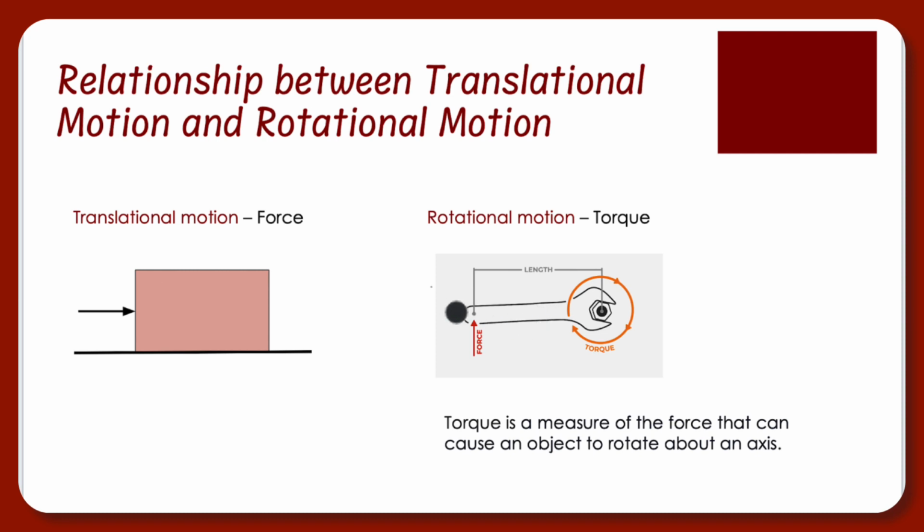But if I go down to the end of the handle and apply the same force at a larger distance away from this pivot or fulcrum, then I'm going to have a much larger torque, and a much better ability to rotate this wrench around. So that's why we say torque is a measure of the force that can cause an object to rotate about an axis. But it's not directly force, so it's not going to be measured in newtons.